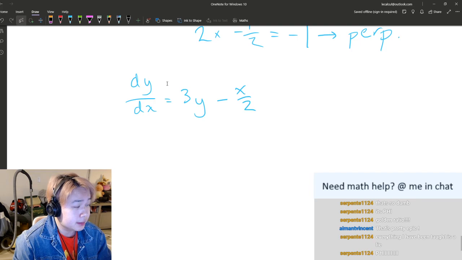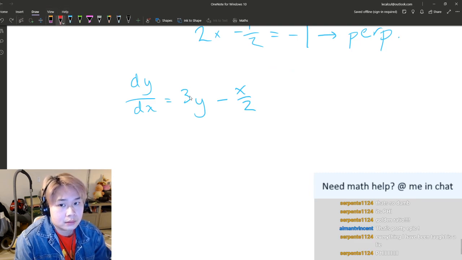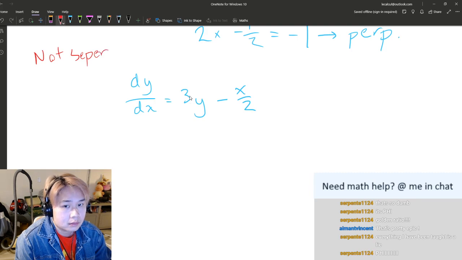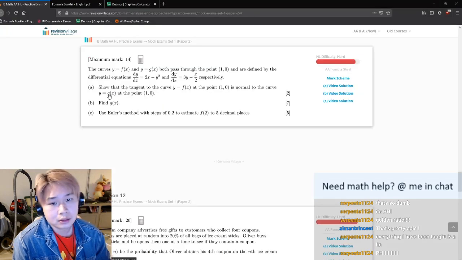The issue is, you have an x and a y, so this is troublesome. Luckily, I don't think you have that many options. This is not separable. So what other options do you have in HL?